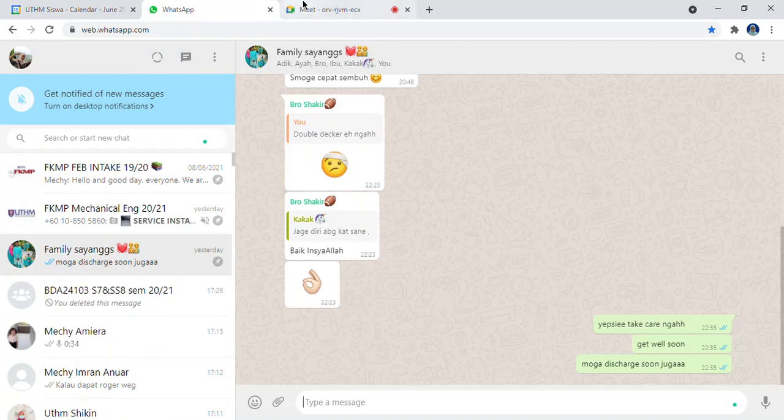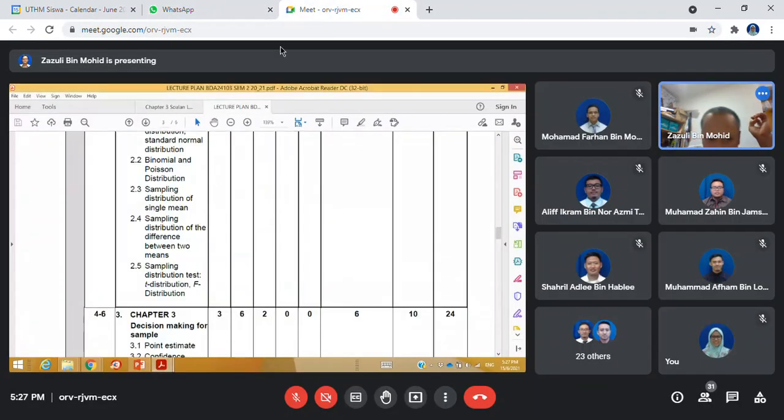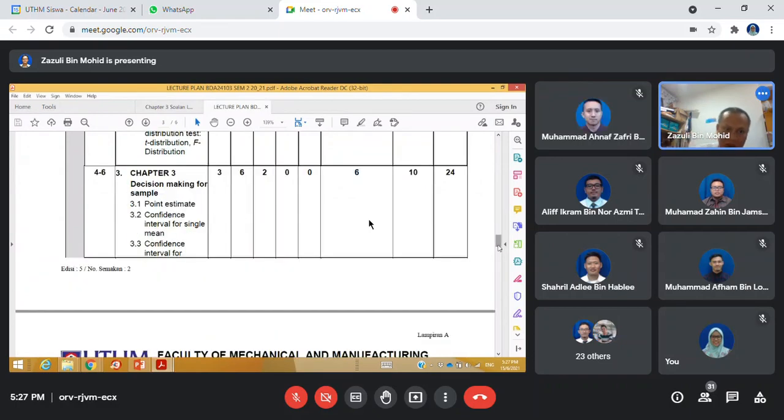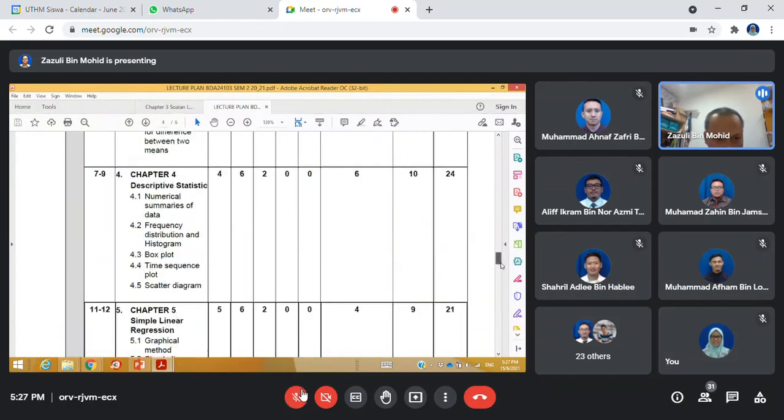The specific name for the chapter, I can't remember. Chapter 4, it's about, yeah, decision making. And sorry, chapter 4 is for the descriptive statistic, how to plot the data.